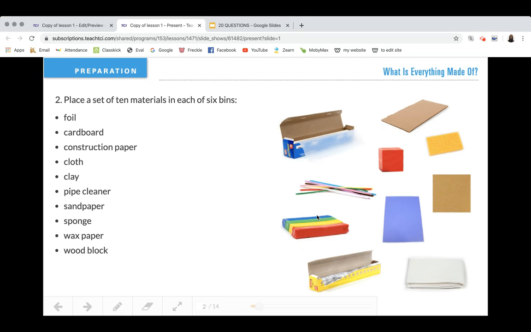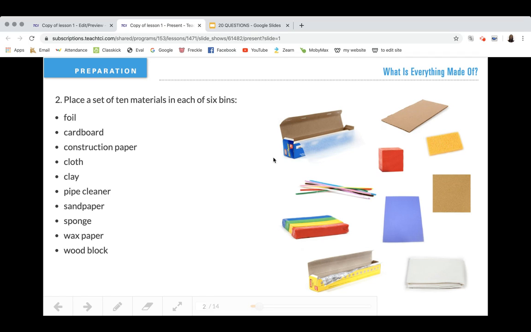We have clay, and any type of clay will do. You just need to be able to look at it and feel it. At the bottom here is wax paper, any kind of cloth, so even your shirt that you're wearing is fine, some construction paper, sandpaper, a wooden block, a sponge, and then at the top here is cardboard.